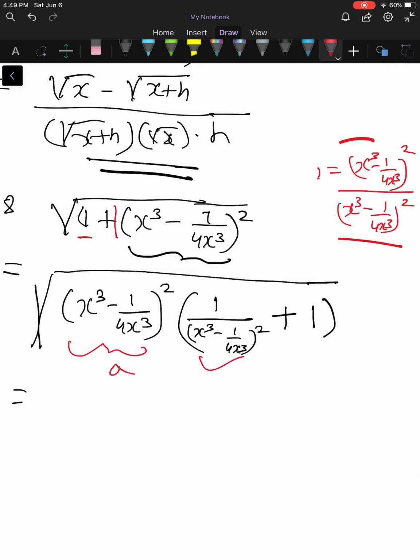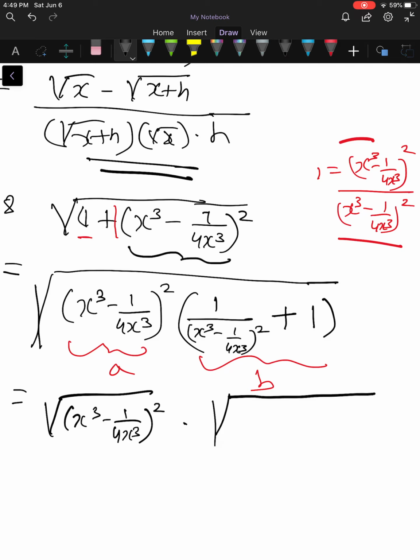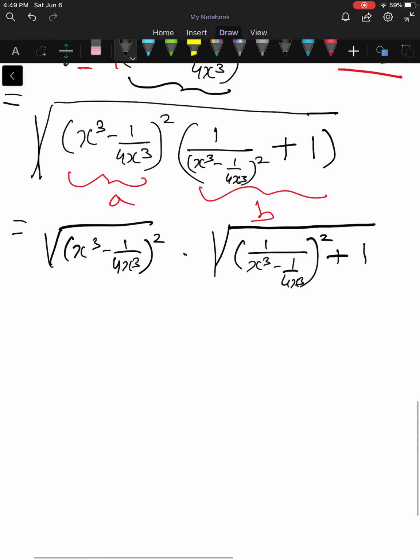Now if I consider this to be a and this to be b, this is nothing but square root of ab, which can be distributed among each term. So I can write it as square root of (x³ - 1/(4x³))² times square root of 1 over (x³ - 1/(4x³))² plus 1.